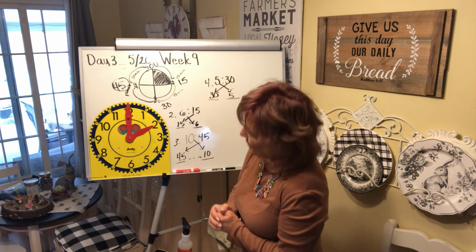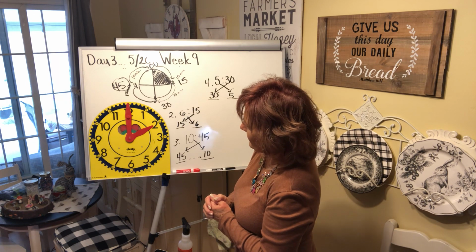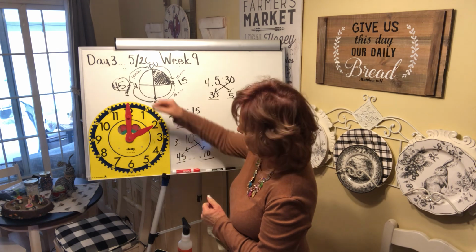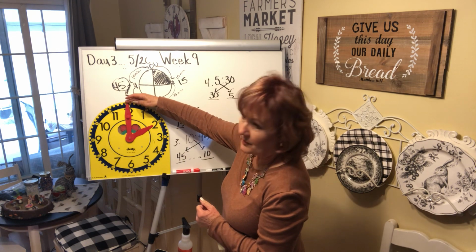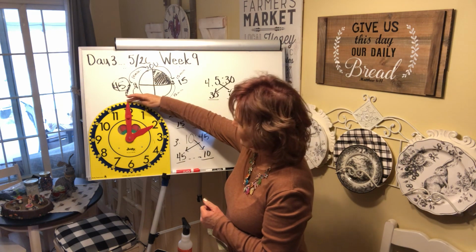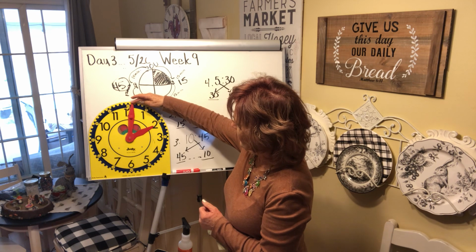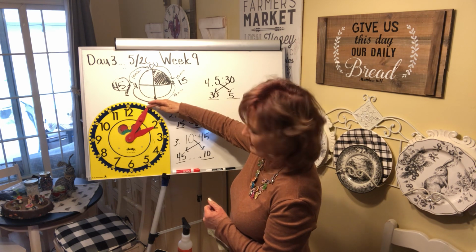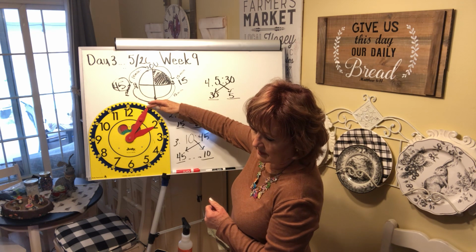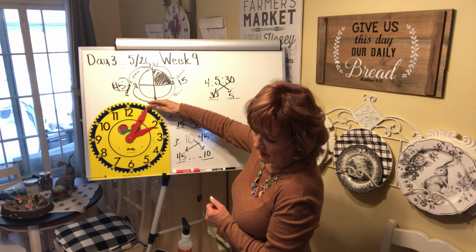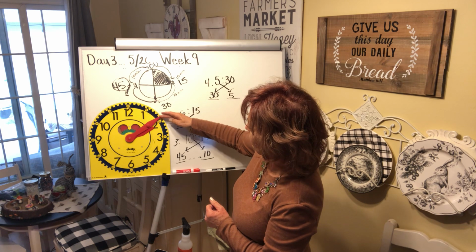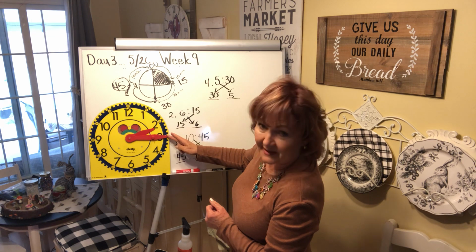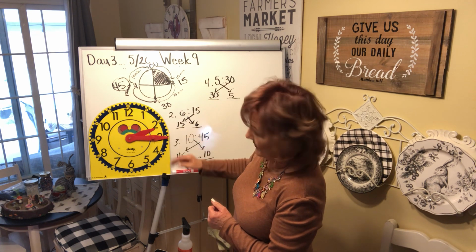And we'll stop when the hour hand is barely after the 2. Okay, and remember, they want us to be thinking quarter hours. So watch the hour hand. Still not far enough according to what I'm looking at. That looks like it, doesn't it?